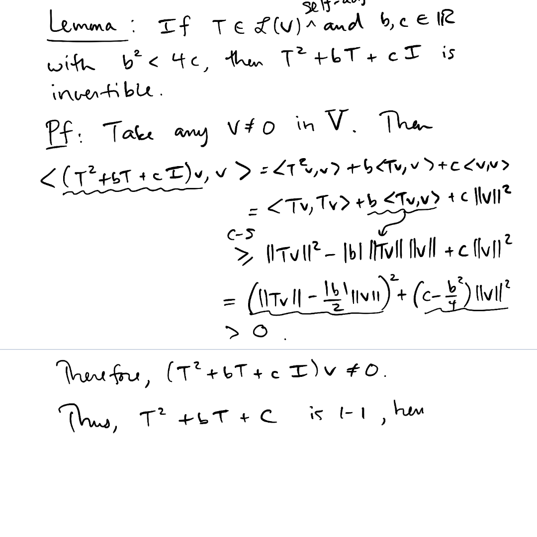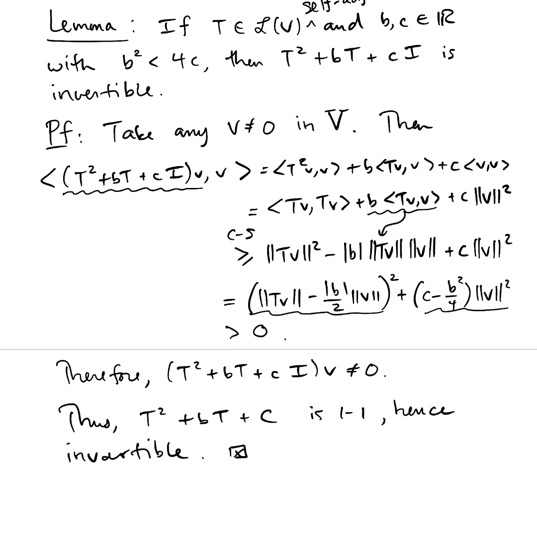And since the inner product space is finite dimensional, always in chapter 7, the inner product spaces are finite dimensional, 1 to 1 is equivalent to invertible. Okay.